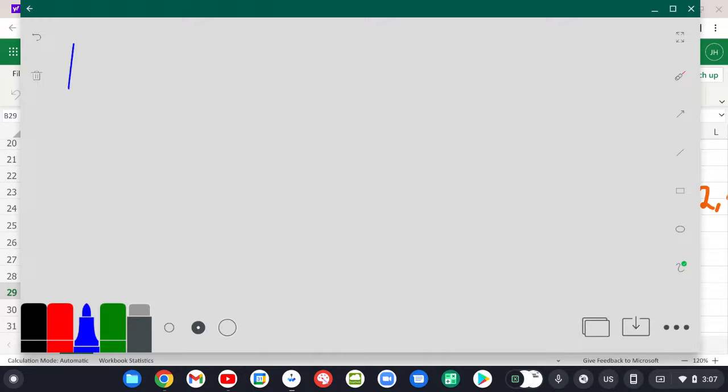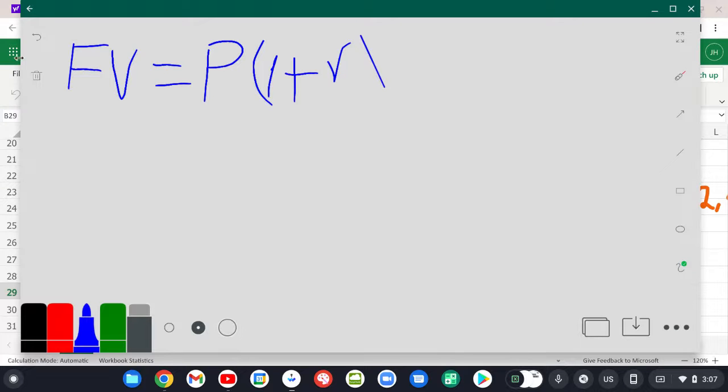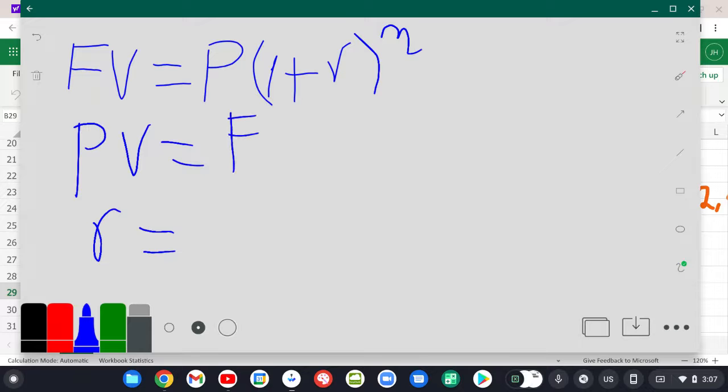So the base formula for compounding is this: basically finding future value, right? From this we derived the formula for present value and the formula for R. It's like reverse engineering, like backtracking, right?